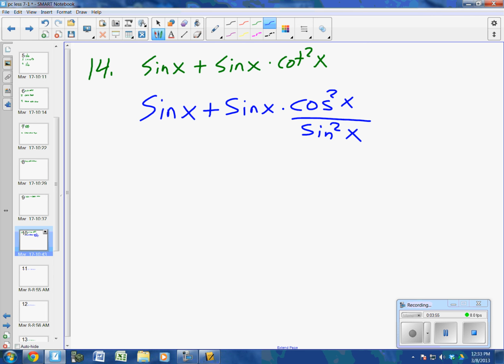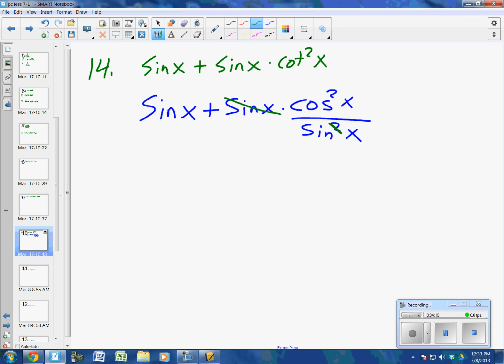Okay, and we're just simplifying this. So, do you see anything we can do right here? Yeah, we can cancel out some sines. Well, how many sines are on the bottom? Well, it's sine squared, right? That means sine times sine. So one of the sines cancels out. I'm just going to cancel out the squared with one of those.